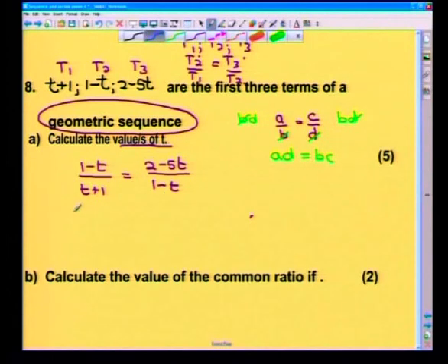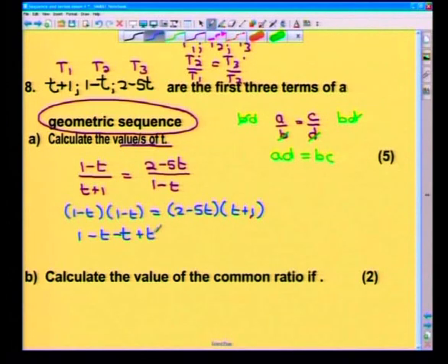So doing that, I've got 1 minus t times 1 minus t equals 2 minus 5t times t plus 1. Good, so now we're going to practice our distributive law. So that times that is 1, that times that is minus t, that times that is minus t, and that times that is plus t squared.